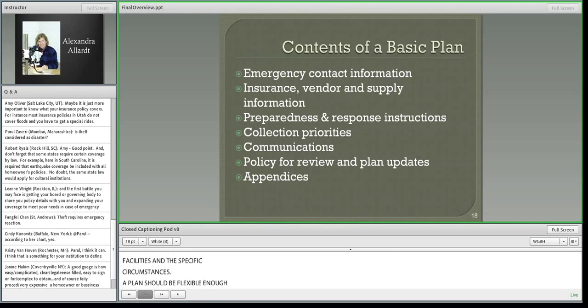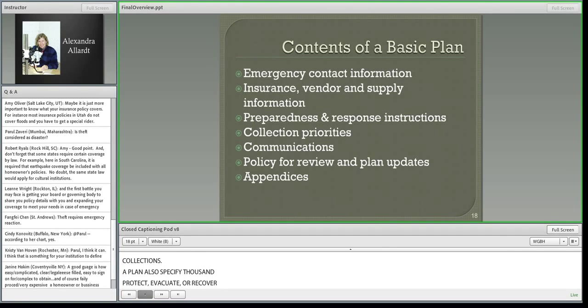A plan also specifies how to protect, evacuate, or recover collections in the event of a disaster.